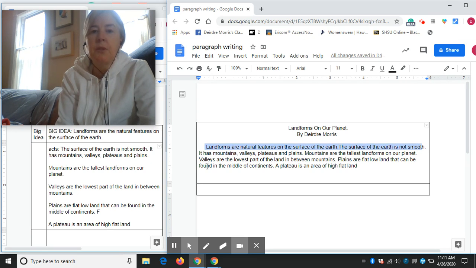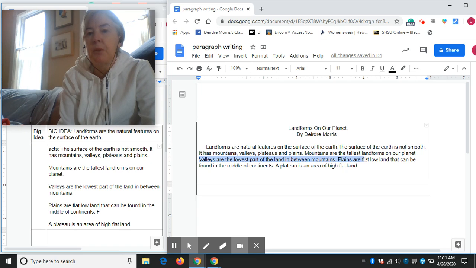It has mountains, valleys, plateaus, and plains. Mountains are the tallest landforms on our planet. Valleys are the lowest part of land in between mountains. Plains are flat, low land that can be found in the middle of continents. A plateau is an area of high, flat land.